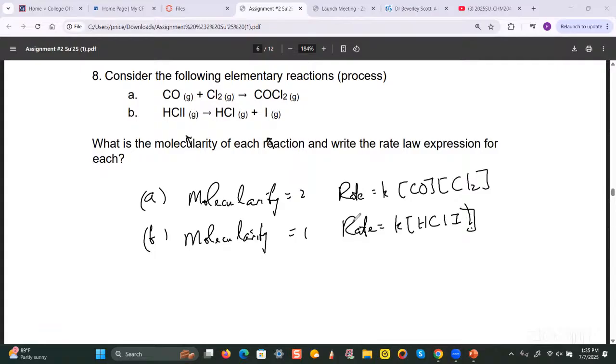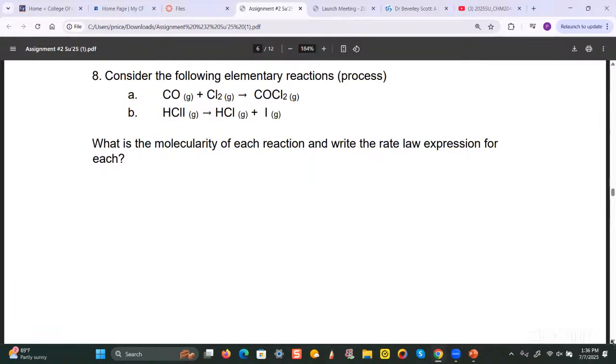Yes, let me make that clear. That's the reactant, so this should be in square brackets here. Any other questions? All right, let me clear this and scroll it down.